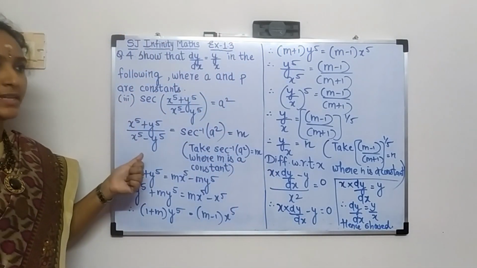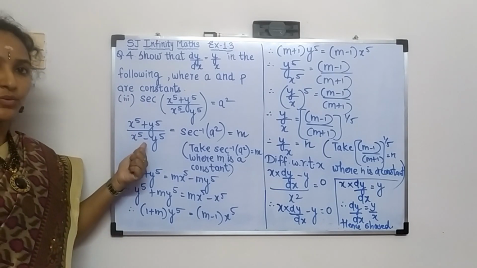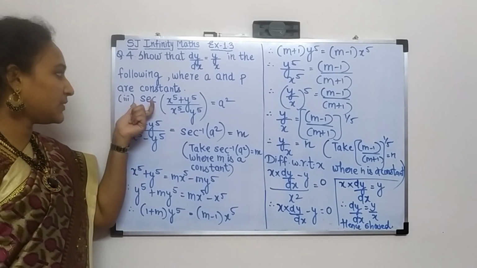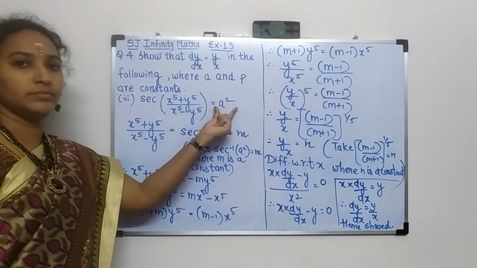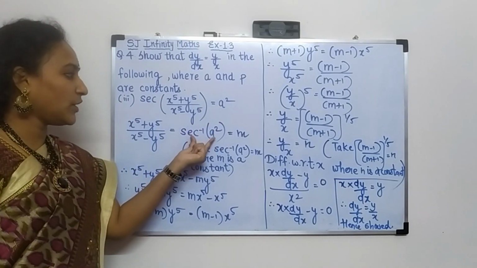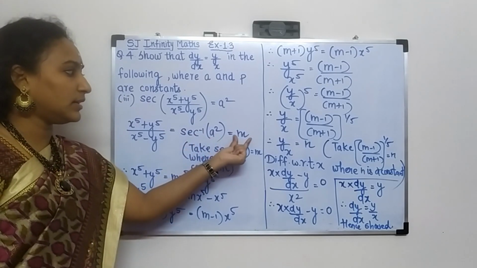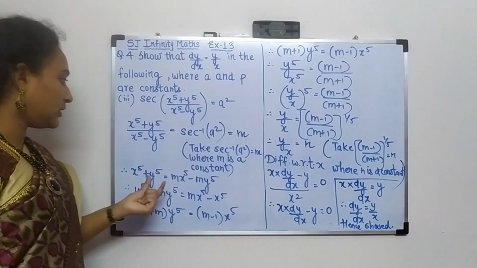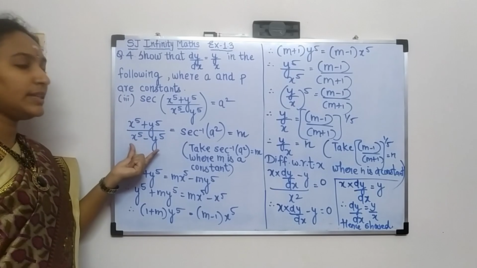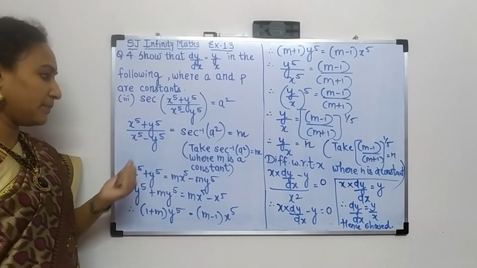Hope you followed the steps. Let me revise for you once again. See, first we have taken this sec to the RHS, so we obtained sec inverse a square. We have taken a constant m. Then we have multiplied m with x raised to 5 minus y power 5.